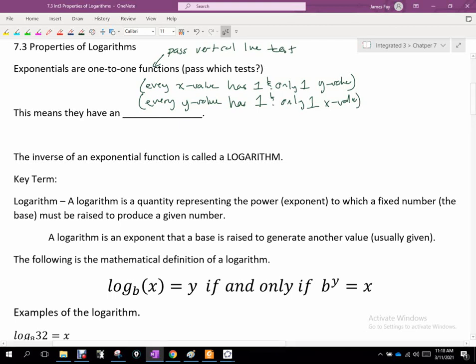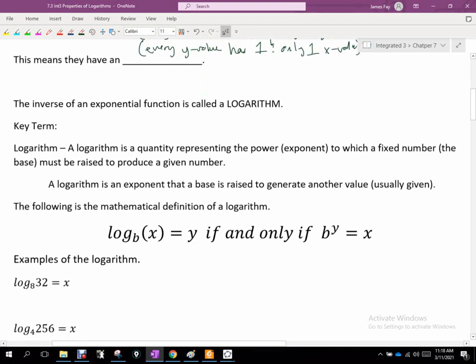It says by definition, a logarithm is a quantity representing the power, or our exponent, to which a fixed number, which is going to be our base, must be raised to produce a given number. A lot of people ask me, what is a logarithm?